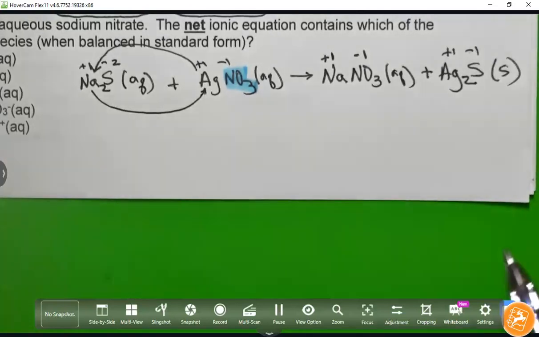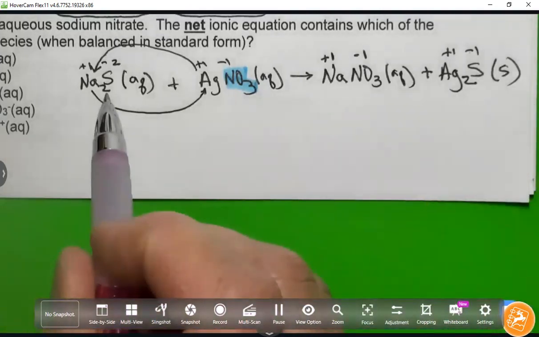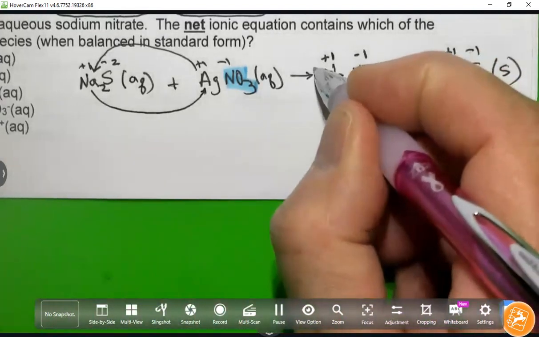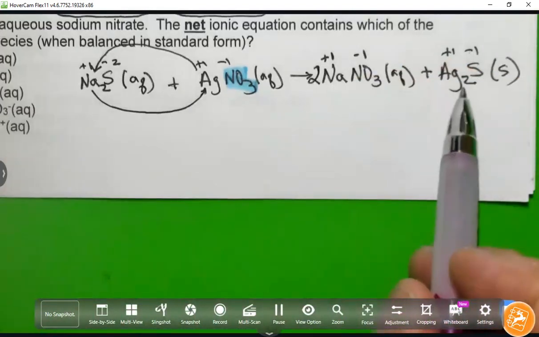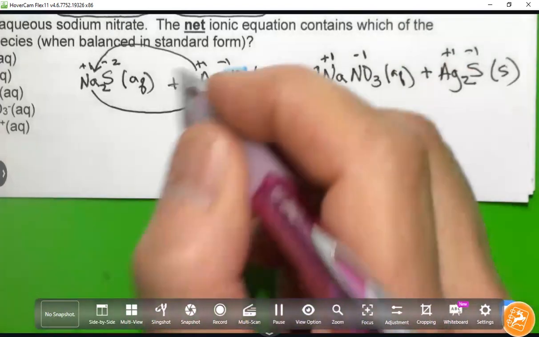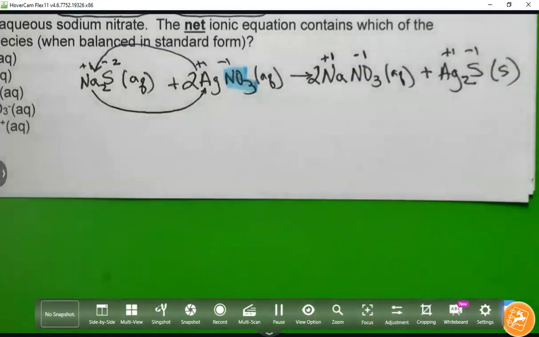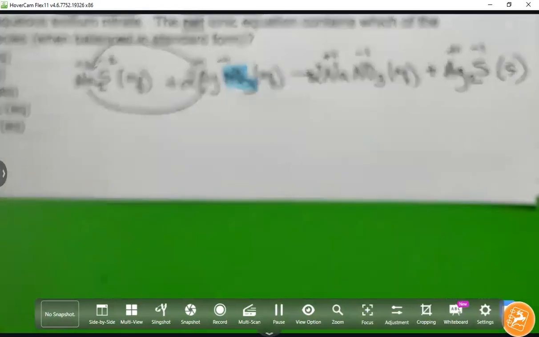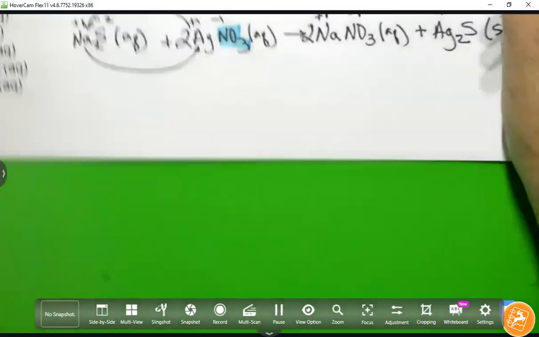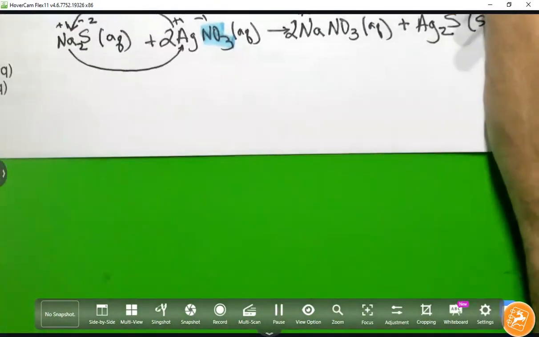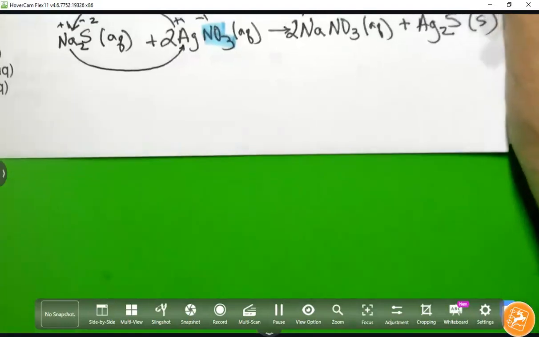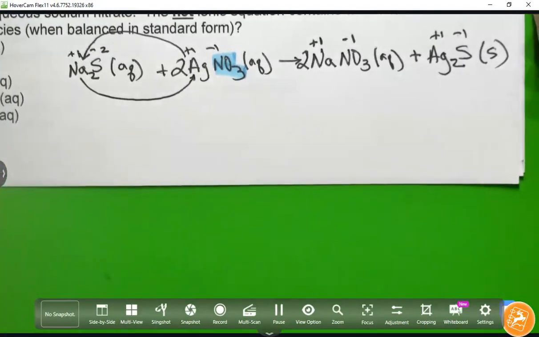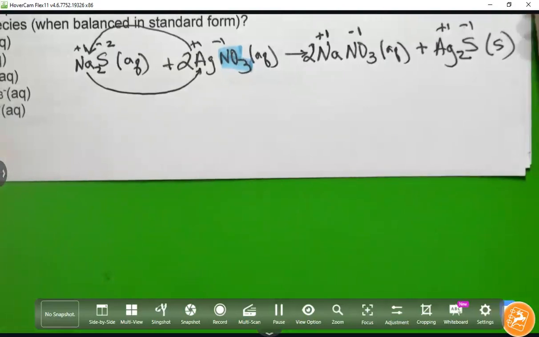All right, so now we have to balance this. To do that, it looks like we've got 2 sodium, so we put a 2 here. And we've got 2 silvers, so we would put a 2 here, and that would do it. Now, they want the net ionic. We could write out the complete ionic.